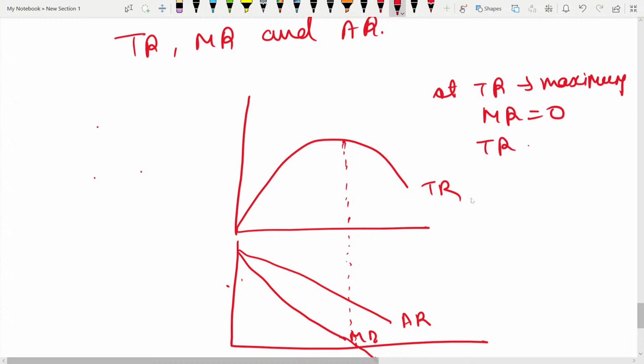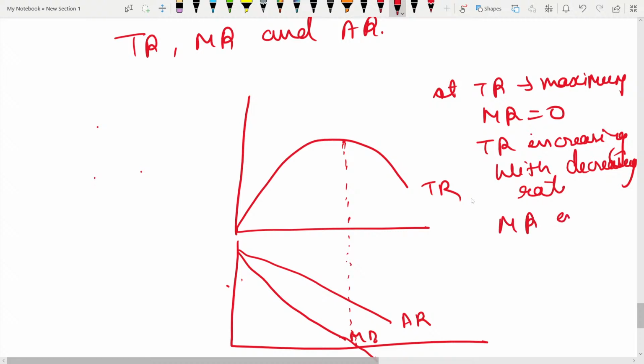When TR is increasing with decreasing rate, MR is falling. Or we can also say when MR is diminishing, TR is increasing with decreasing rate.